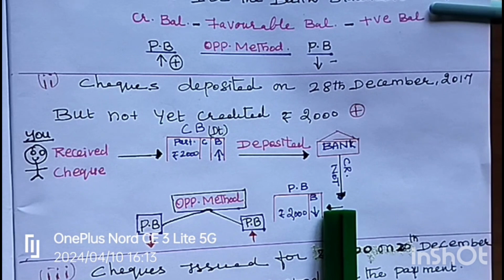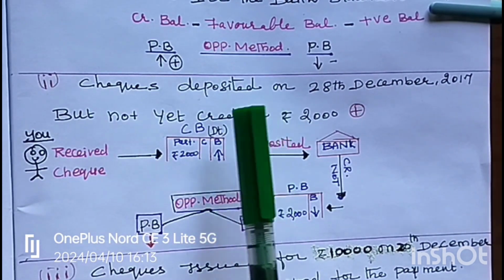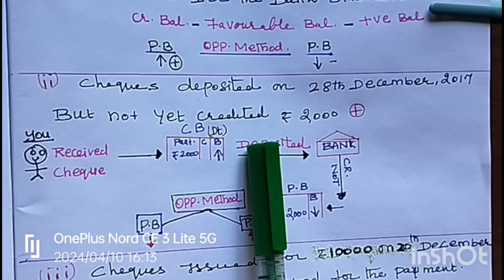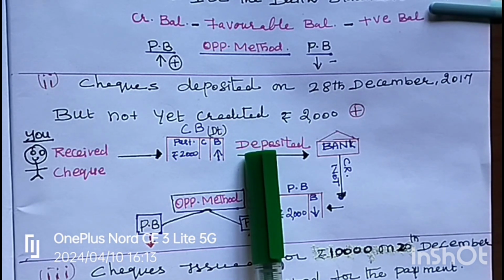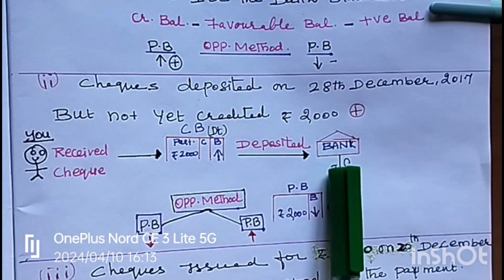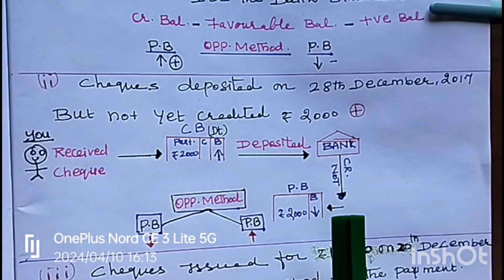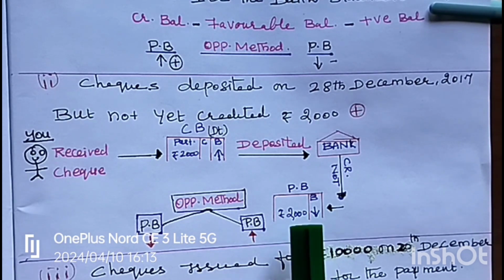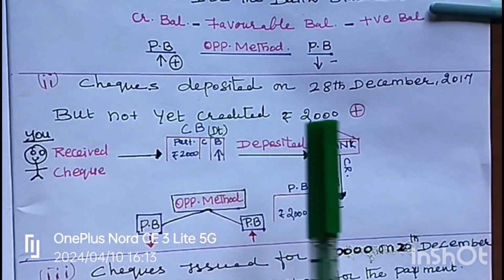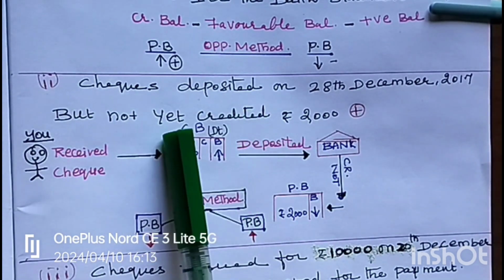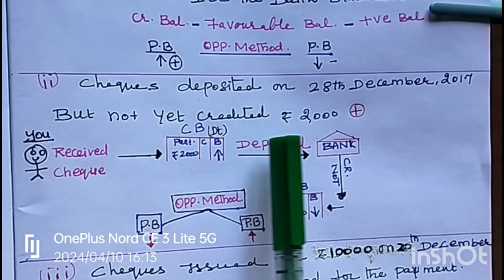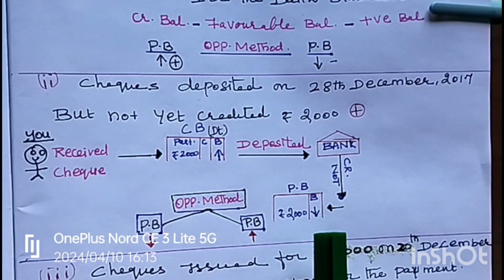So the deposited check is not yet credited. What happened in your passbook? Your passbook shows decreased 2,000 rupees, because your check is not yet credited, your check is not cleared. So your passbook will show 2,000 rupees decreased.